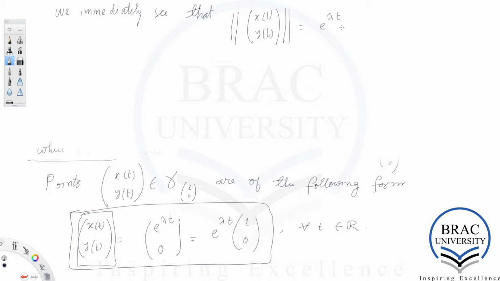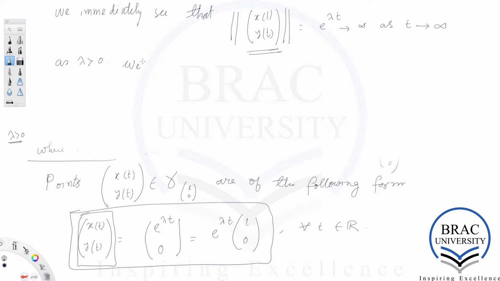Since lambda is taken to be positive, this goes to infinity as t grows big enough. As t approaches infinity, the norm of this vector grows without any bound, since lambda is positive.